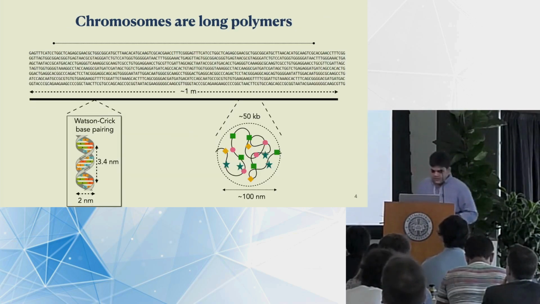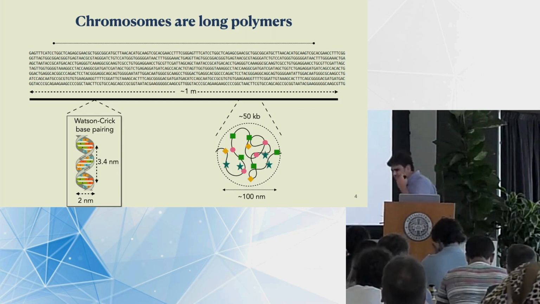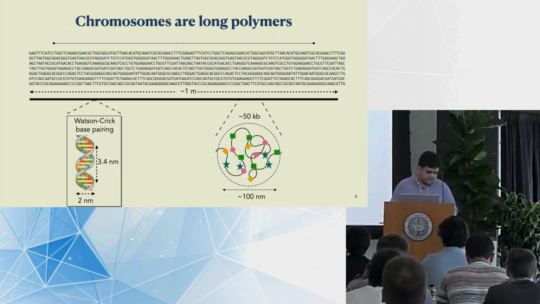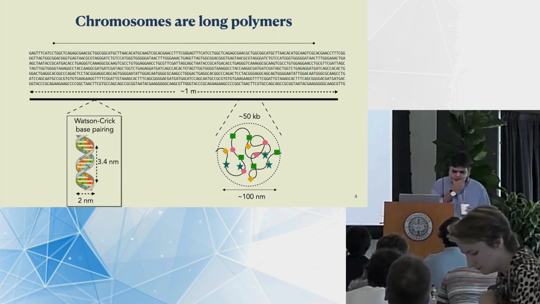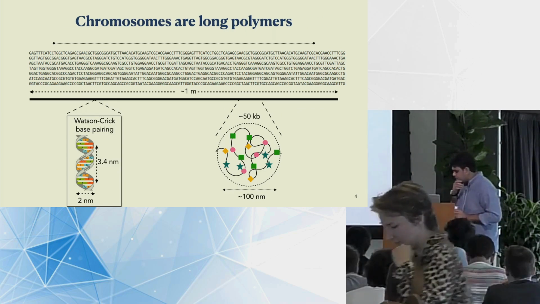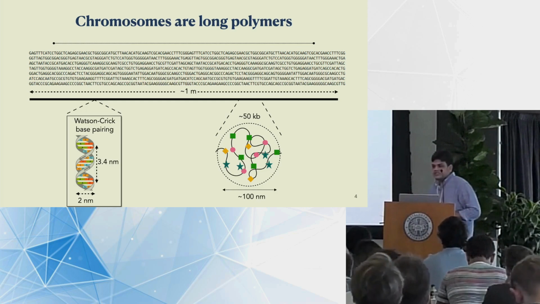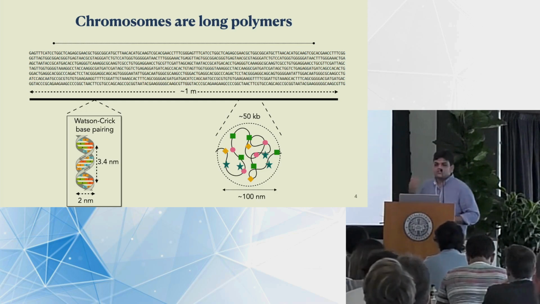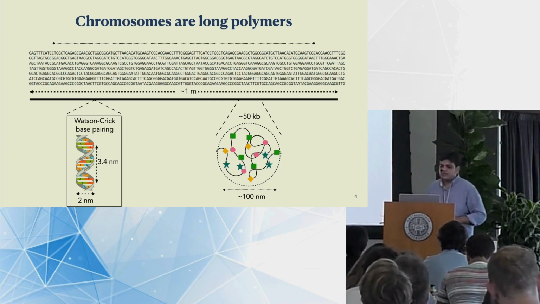The way we think about chromosomes is slightly different, not very different, from what we were doing in the other workshops here. Our polymer approach is really central. We think of chromosomes as a contiguous, long polymer segment.